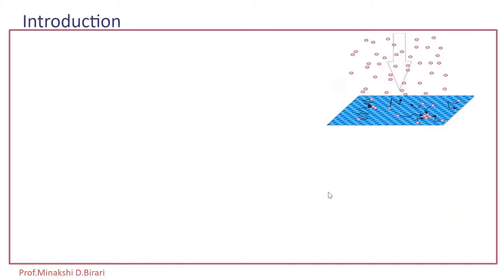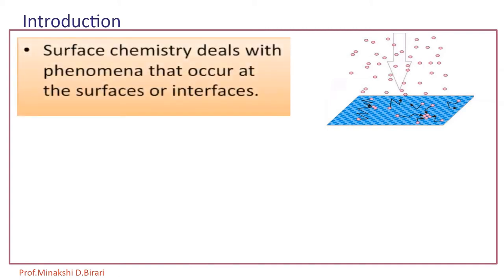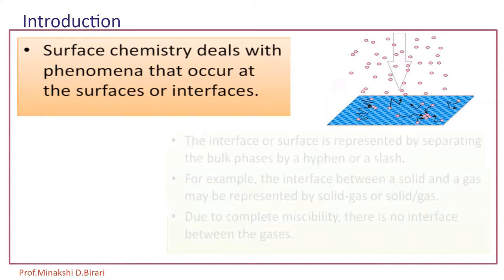First of all, what is surface chemistry? Surface chemistry deals with the study of physical and chemical phenomena that occur at the surface or interface of two phases, including solid-liquid interfaces, solid-gas interfaces, solid-vacuum interfaces, and liquid-gas interfaces.